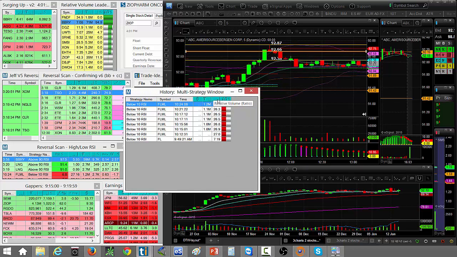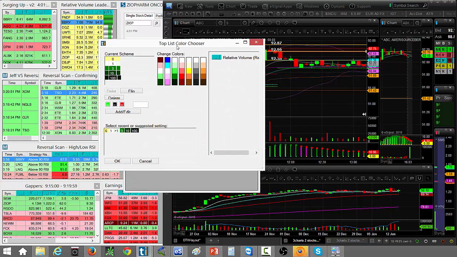So let's say I want to color-code these based on, well, they're all at the lows and they've all got relative volume. So they're all going to show the same color no matter which way I do it. But what you want to do is right-click on one of these columns and you can go to Custom Colors for Relative Volume.